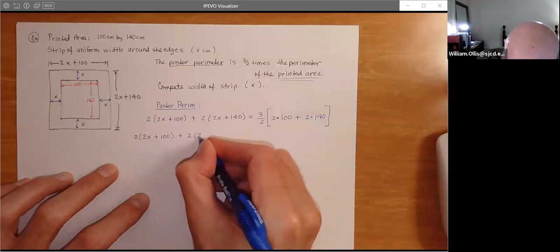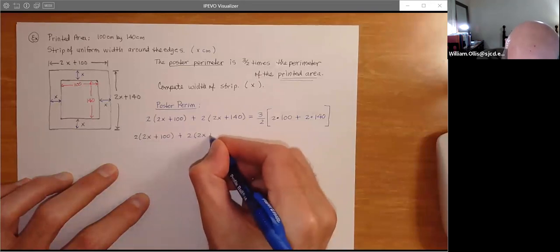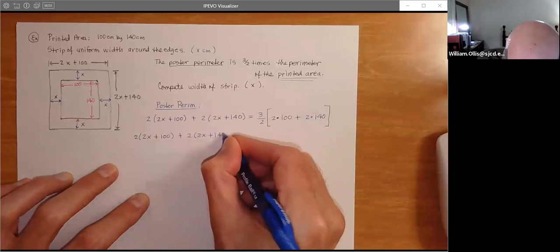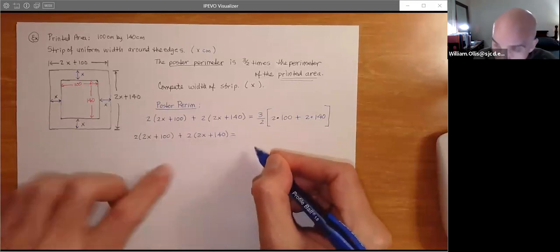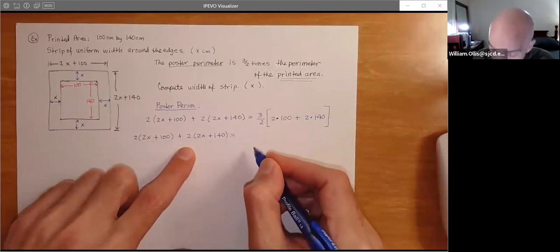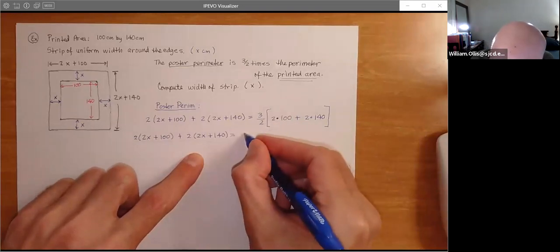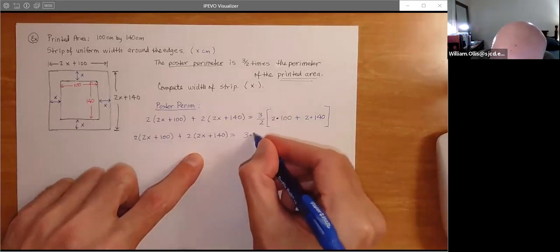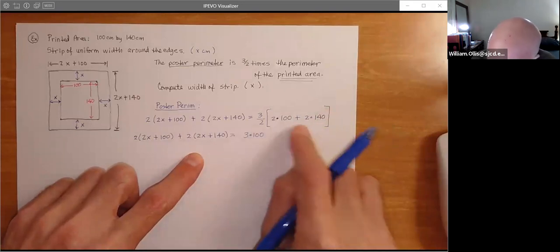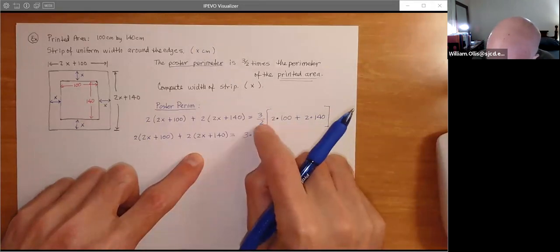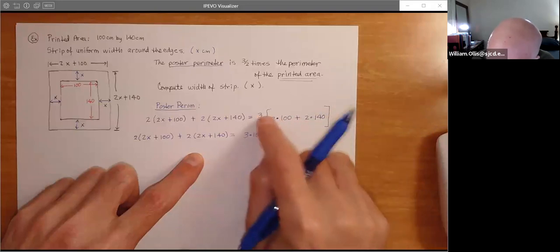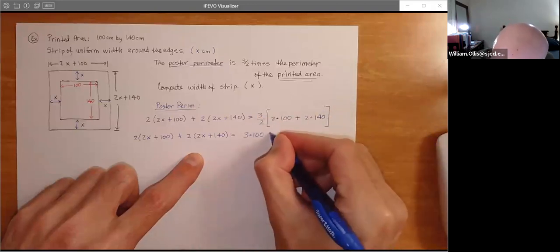We'll just be court reporters. When I say court reporter, I'm just saying we're copying things, but we want to make sure that we don't make 2 or 3 mistakes in copying. So here the 2's absorb, and this leaves us with 3 times 100, just like we did on the last problem. And here the 2's absorb, and we have 3 times 140.